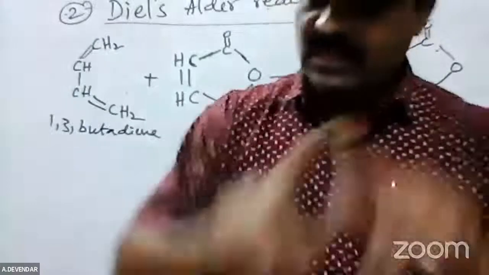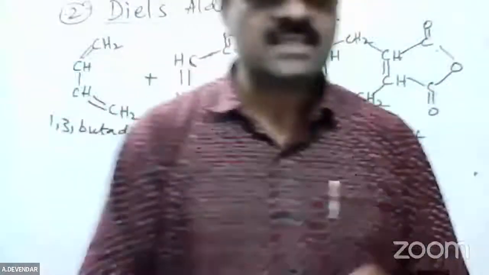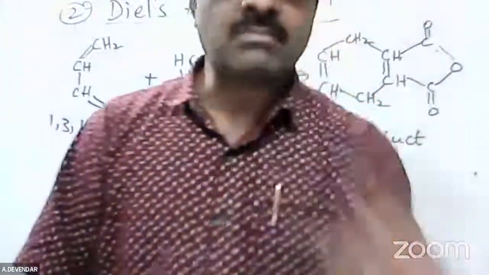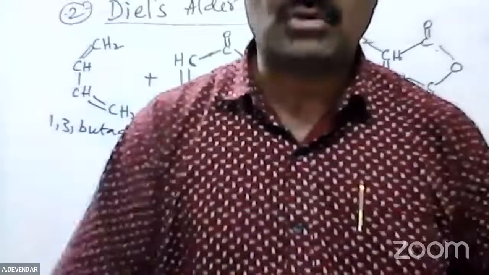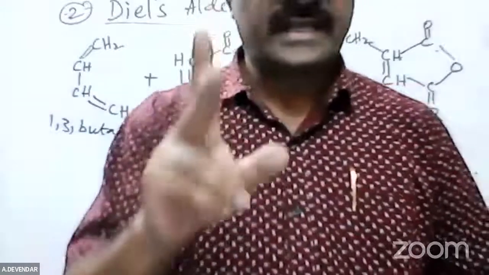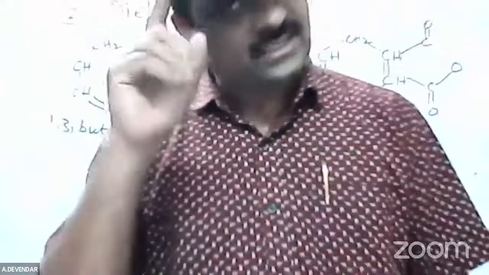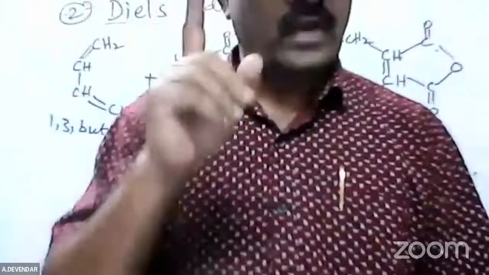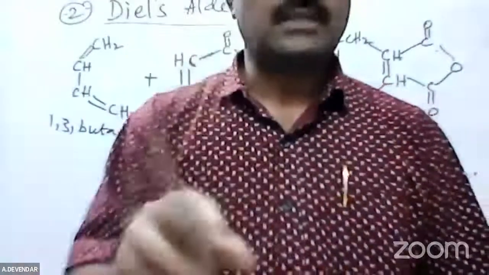Okay, friends, this is about your complete organic part. From this organic part, you will get a minimum of 30 marks. Why? Because you get 1 or 2 short bits, 5 and 10 marks, and 1 essay type question of 10 or 20 marks.